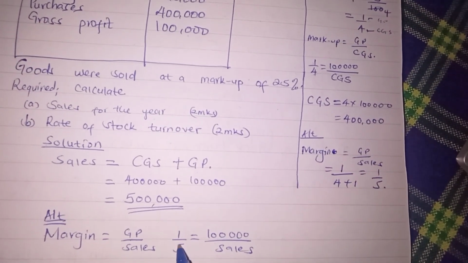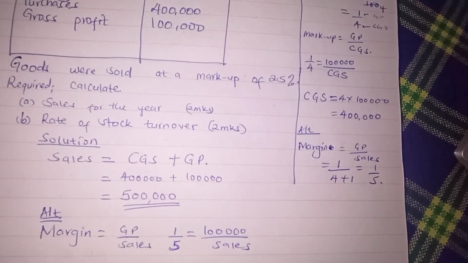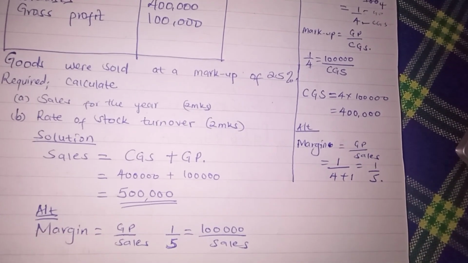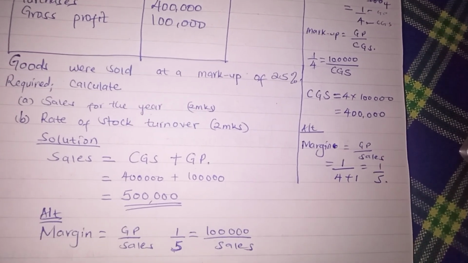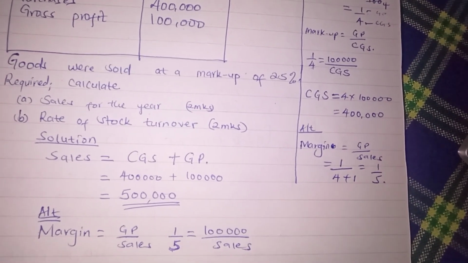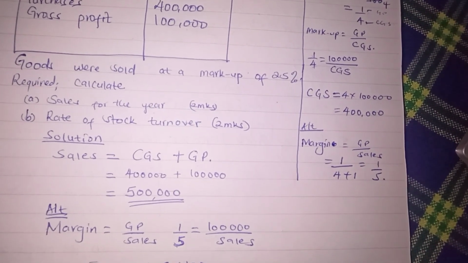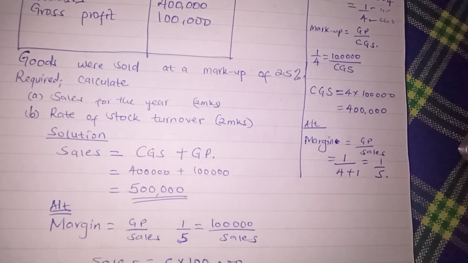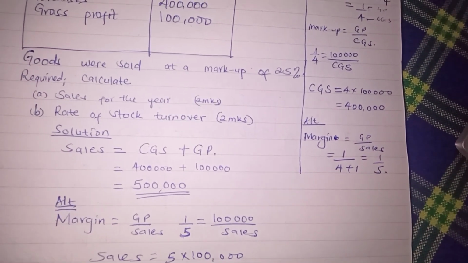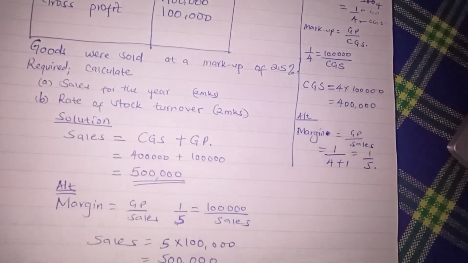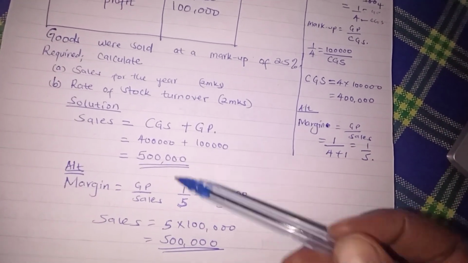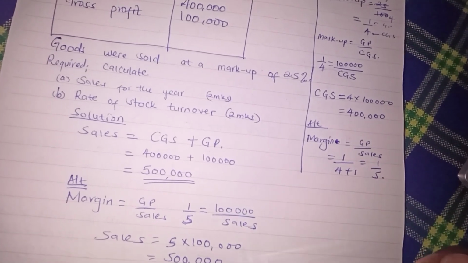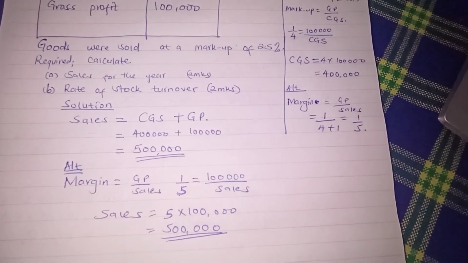So we make sales the subject, and therefore sales is equal to 5 multiplied by 100,000, to give us a total of 500,000. And therefore, learners, we are arriving at the same figure. Either way, whichever method you decide to use, you're supposed to arrive at the same figure.